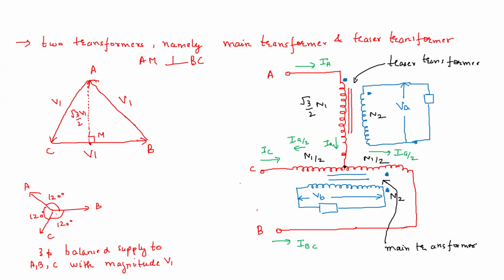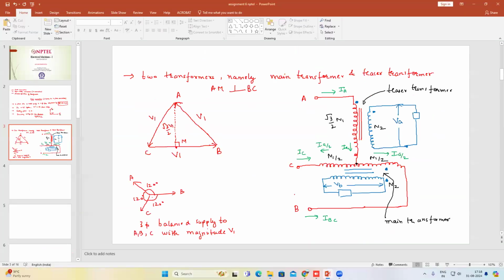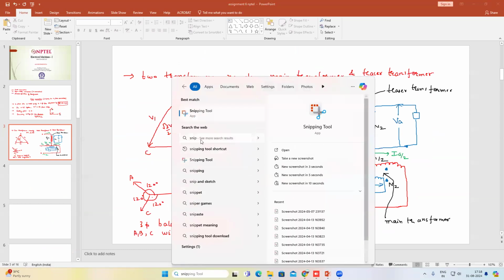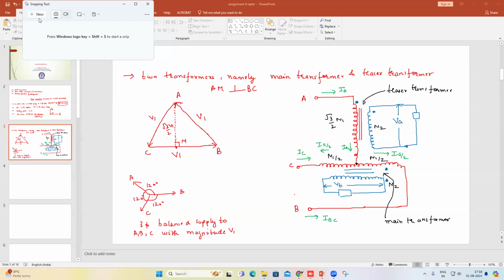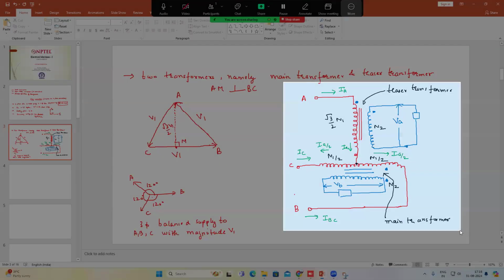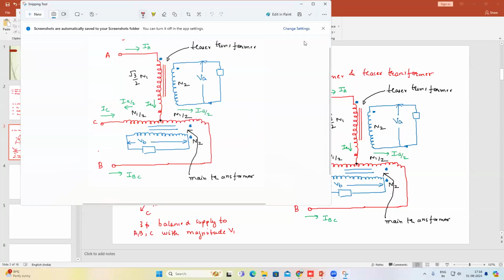Let me go to the next slide and take this picture because then it will be easier to relate. On the next slide we can derive the things.